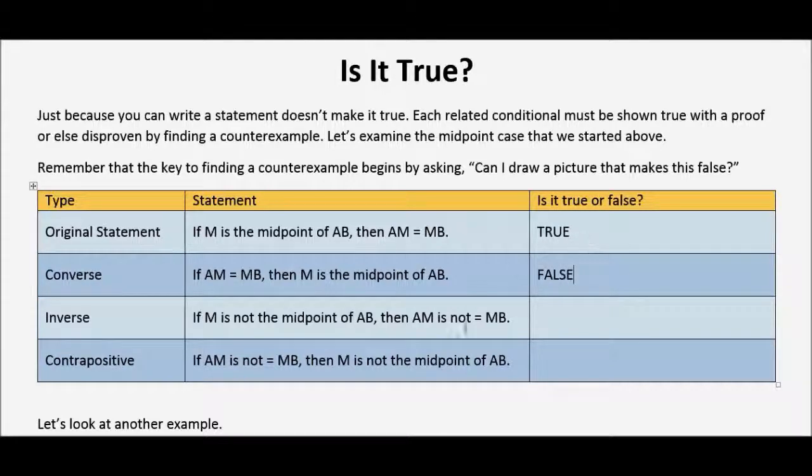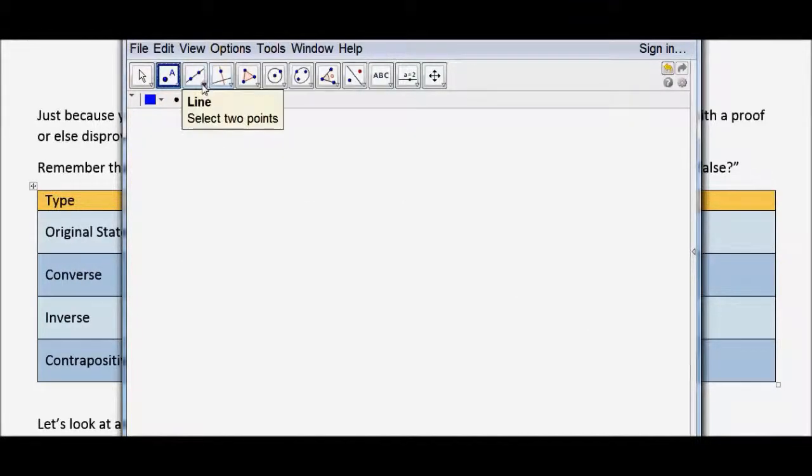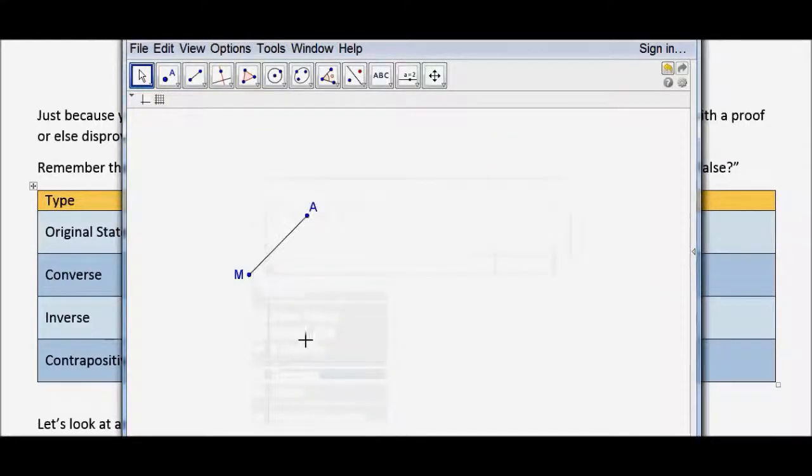And check out what we can do here. If I draw a line segment, here's AB. And for the sake of argument, let's rename this to M so that it matches what we're doing.